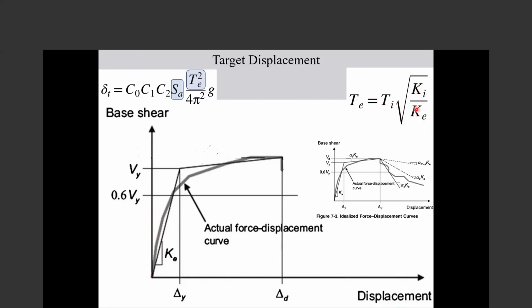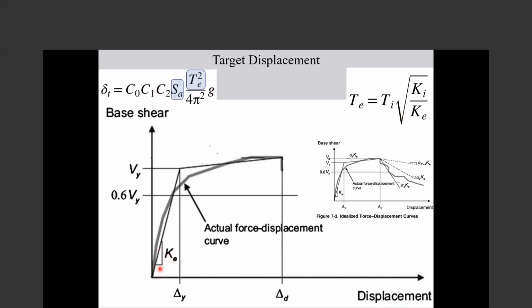You are defining, according to your methodology, the equivalent stiffness, and getting the equivalent period according to that. But in our methodology, in the coefficient method that we are talking about, this is the coefficient method. It's not capacity spectrum.